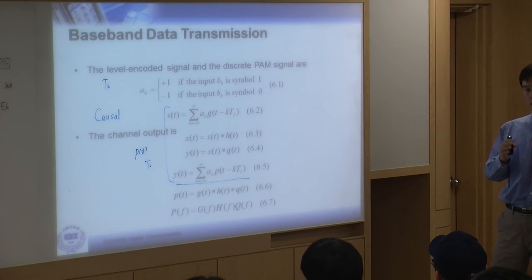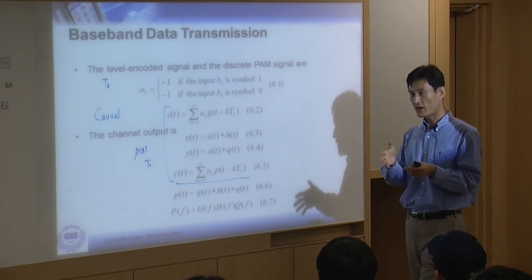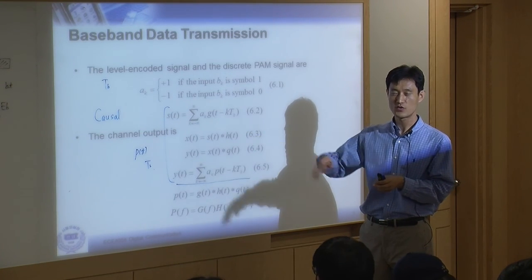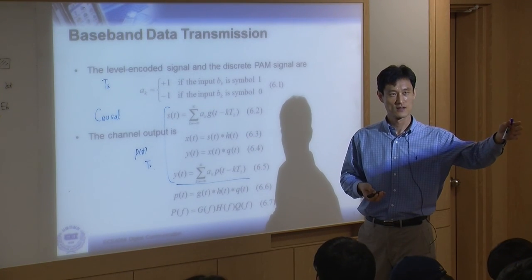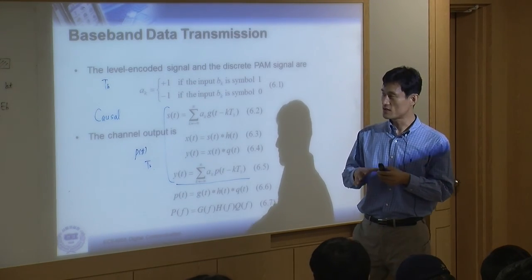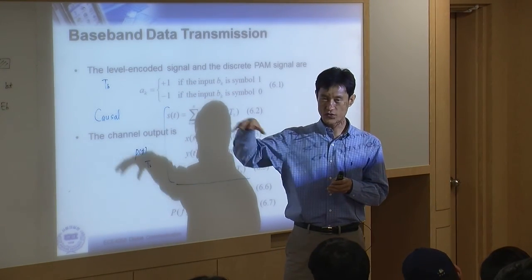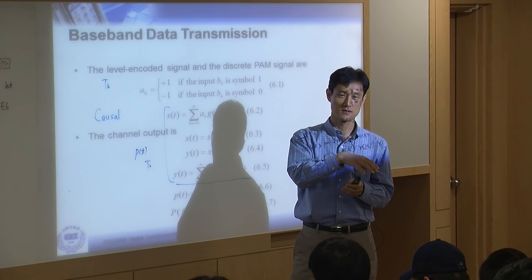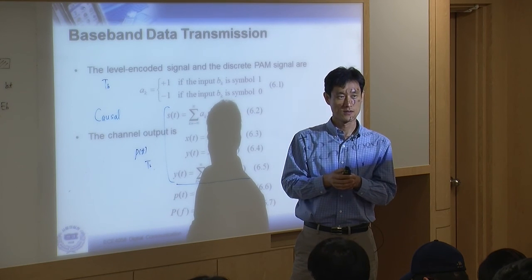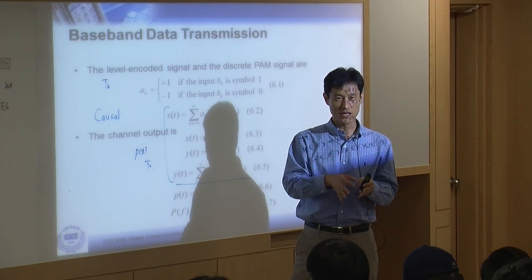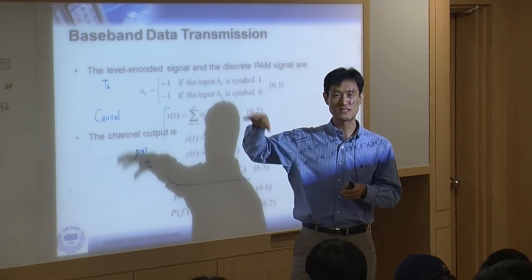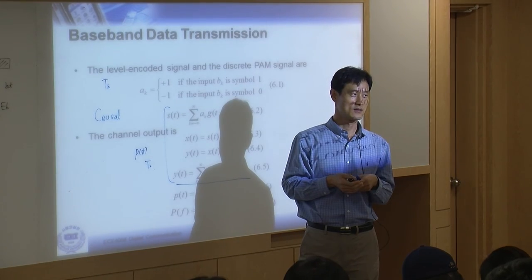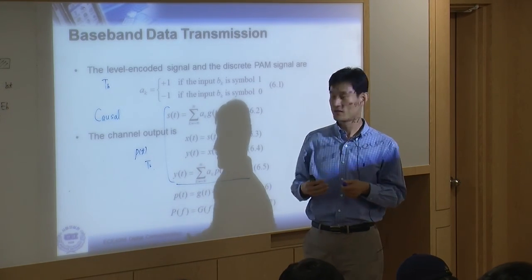So a causal system basically means that whatever happens now can affect whatever happens later. You cannot do back to the future thing, right? Which means that in a causal system the future sample cannot impact the previous samples. That cannot happen, right? Only whatever happens now can affect later. Whatever happens later cannot affect the previous sample. That's impossible. That's the back to the future thing, right? So that's causal.